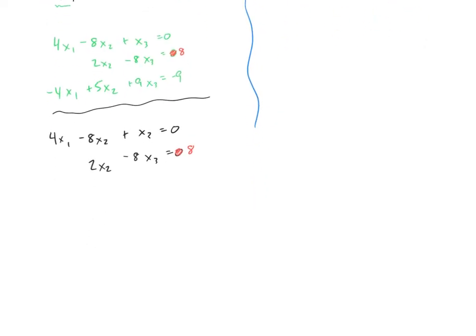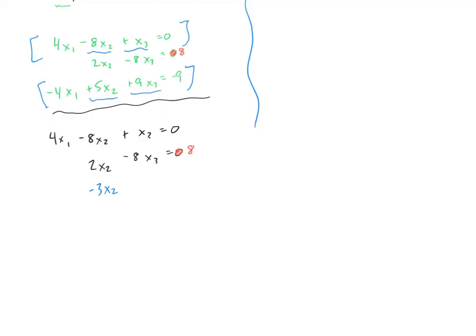Okay, so what I was doing, combining my top and bottom equation there in green. So I'm adding this row and that row together, and my x1s will eliminate. 4x1 minus 4x1 is 0, but I'm not going to write that down. Negative 8x2 add 5x2 is negative 3x2.